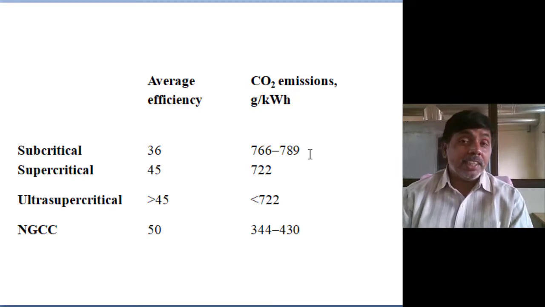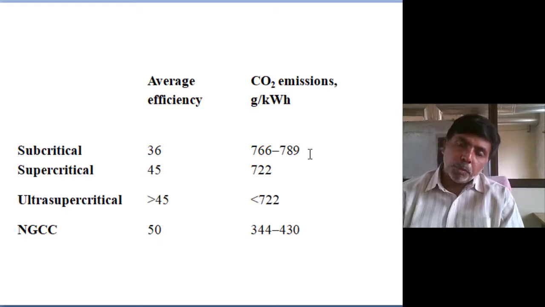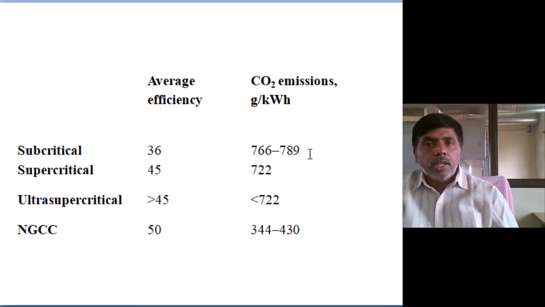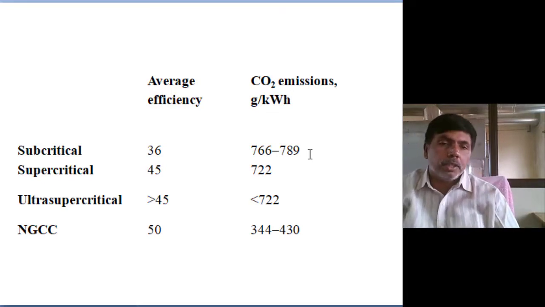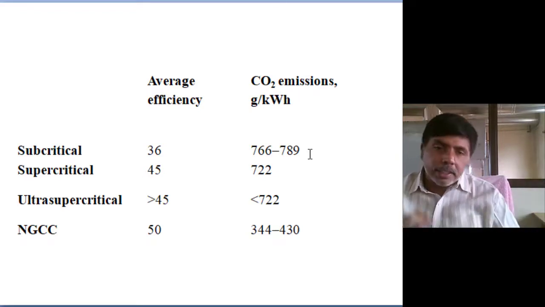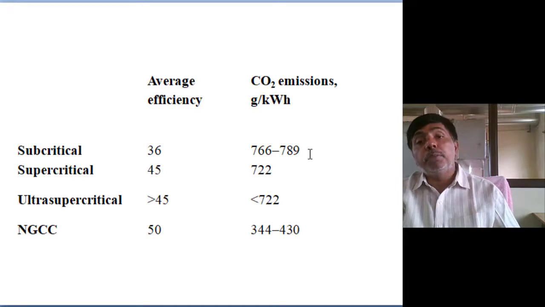But in the natural gas combined cycle power plant, we don't need to move the operating pressures up to supercritical and ultra supercritical. Normal subcritical, 150 bar pressure, you can run the power plant, there is no issue. But by combining one air standard cycle and one vapor power cycle, you can achieve 50% efficiency. Why?